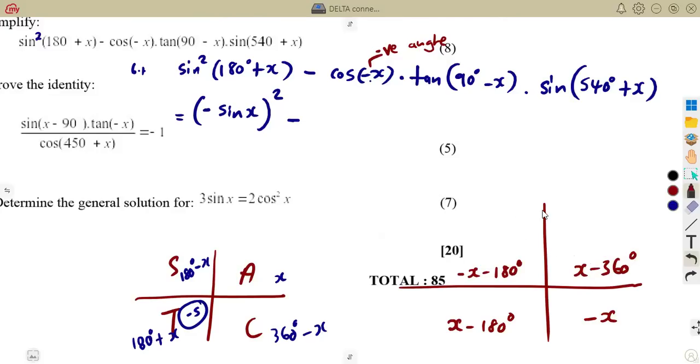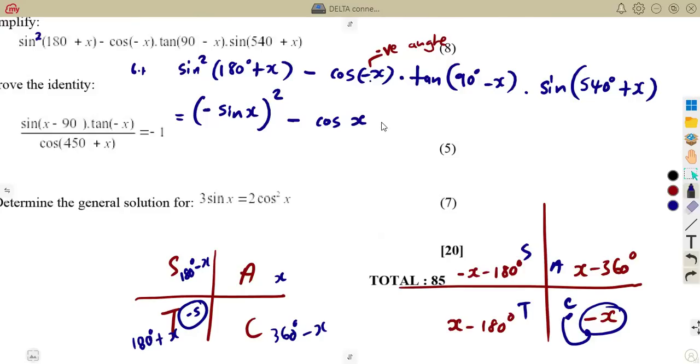You must know your quadrants, guys. So minus x lies in the fourth quadrant. For cos, there's no change, so it's cos of minus x. In the fourth quadrant, cos is positive, so it's going to be positive cos x. It becomes positive because of the fourth quadrant.